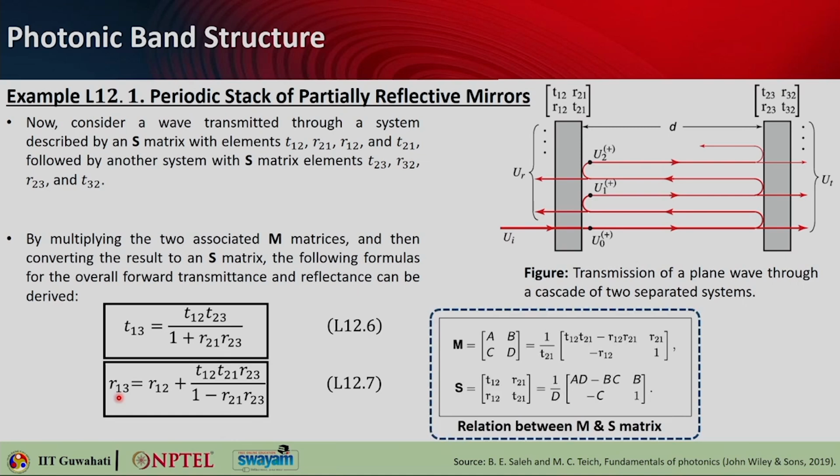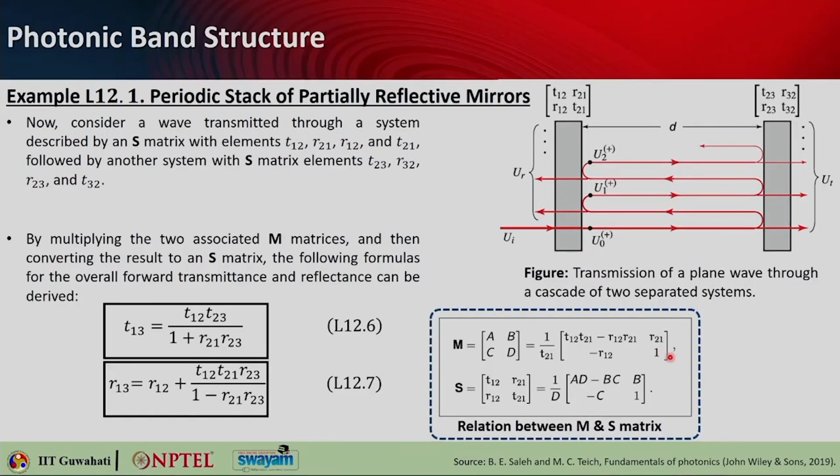One important thing is the relationship between M and S matrix. As I mentioned, M matrices have 4 elements A, B, C, D, and they are not directly the reflection and transmission coefficient, whereas the S matrices are directly the reflection and transmission coefficient. So, sometimes it is easy to deal with S matrices.